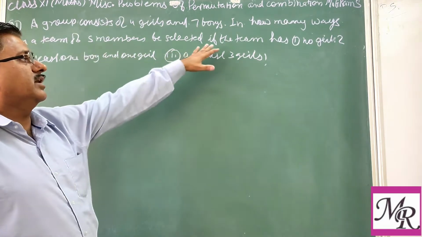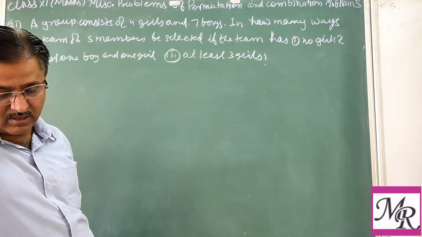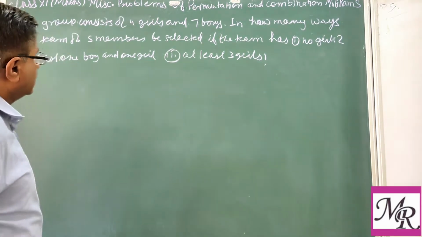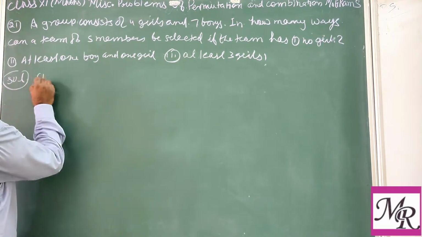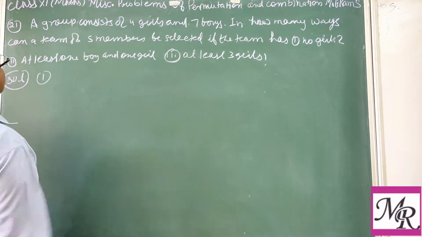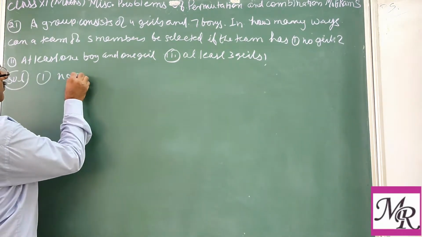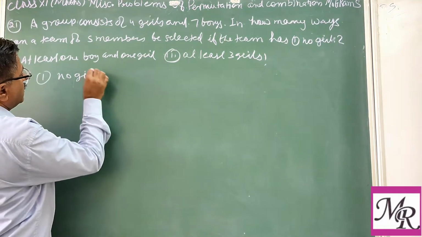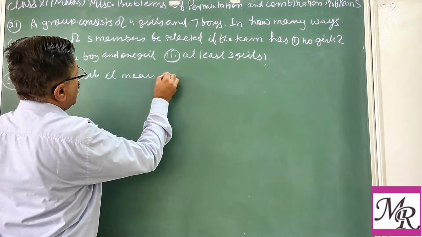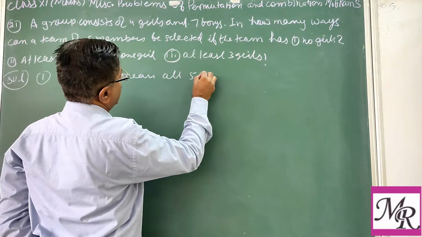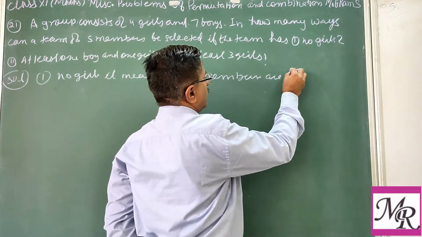Now there are some conditions in the team. First is no girl. It means all are boys. Clear? So the first part you can say in the solution: no girl means all 5 members are boys.